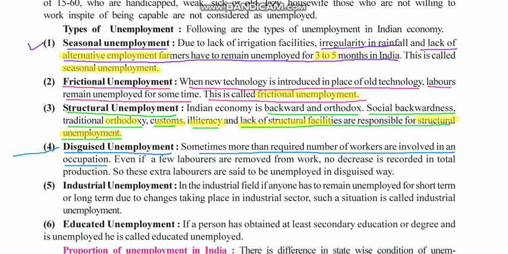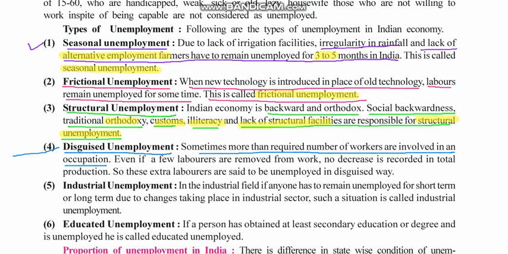They all feel that they are employed, but if you remove half of them, the production at the end of the day would not be affected, and that's why you can say that half of them are not needed in this activity. So they are disguised unemployed, meaning they feel they have work, but in reality they are totally useless for the work.